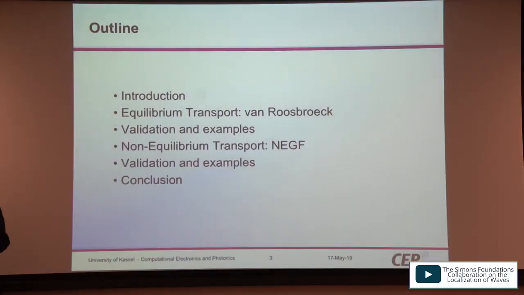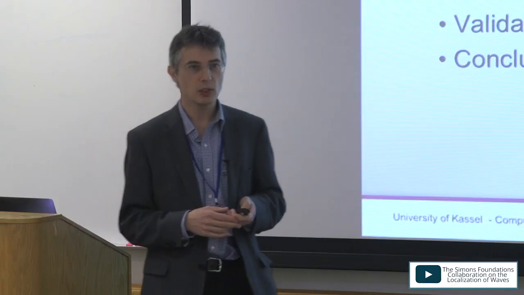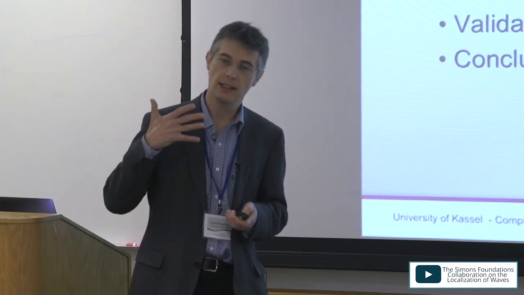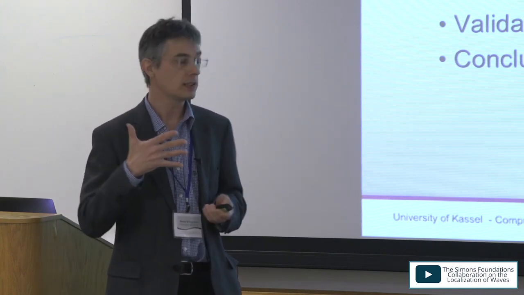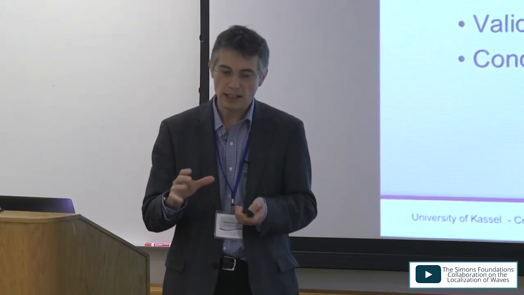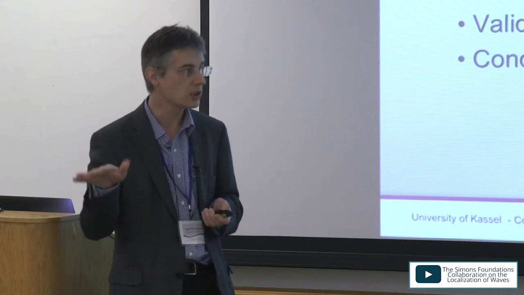Okay, so what would I like to show today? I would like to follow up on what was discussed yesterday on the drift diffusion models and how we can use this so-called Van Roosbroeck system in quantized or nanoscale systems where the potential varies on the nanoscale.